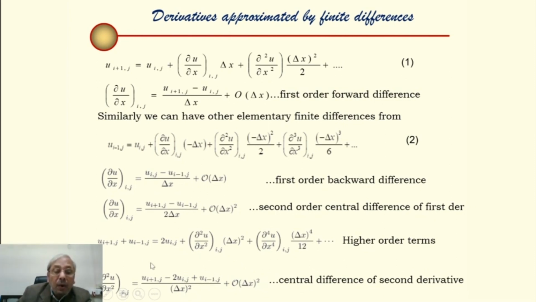This is the expression for central difference second order derivative, and accuracy is of the order of delta x square.